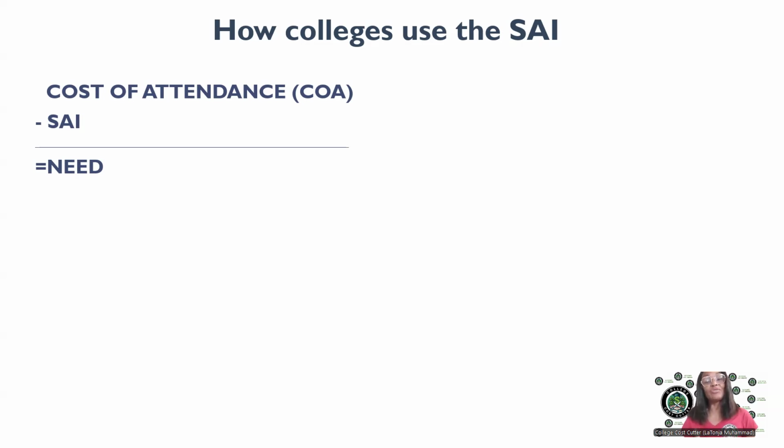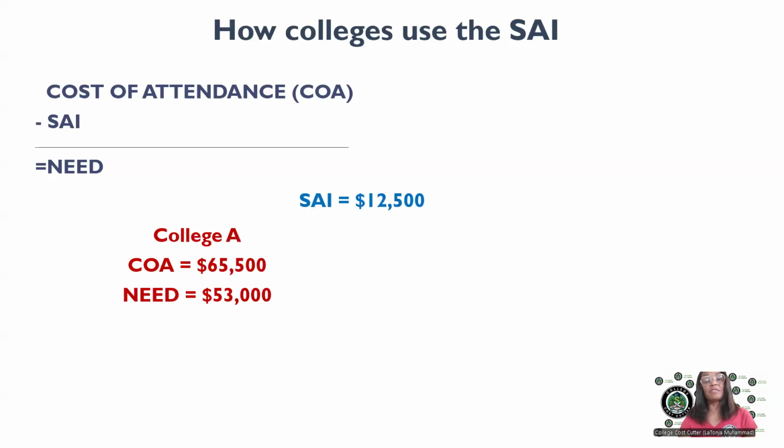All colleges do not meet financial need the same way, but let's look at a couple of examples. Let's say a family has an SAI of $12,500. College A has a cost of attendance of $65,500. If we apply the formula above, that will result in a calculated need of $53,000.